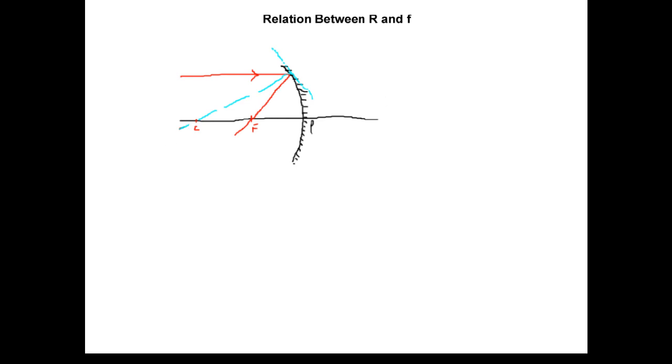Now, according to the law of reflection, this will be the angle of incidence. So I will name this as theta, and this is the angle of reflection, both of them being equal, so denoted by theta. So this overall angle becomes 2 theta. Now if this one is theta, this must also be theta, as they are alternate angles.